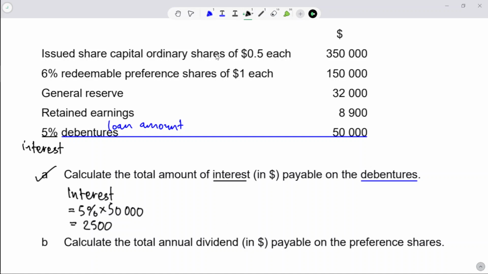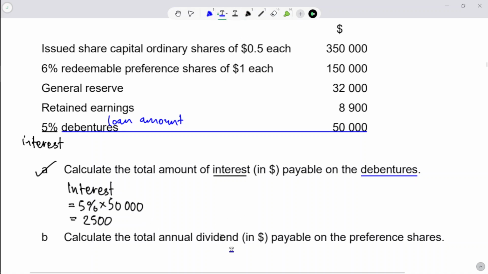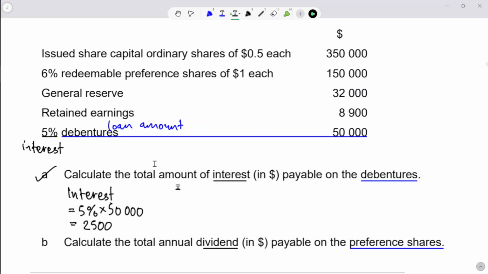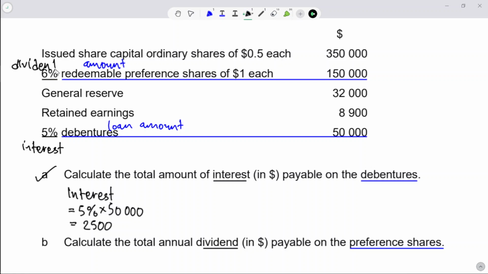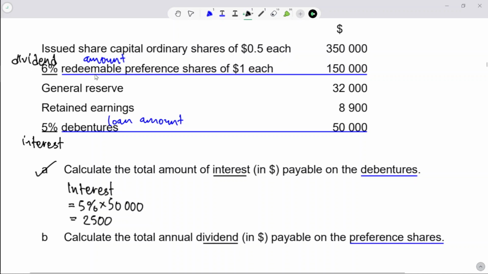Continue. It wants us to find the dividend on the preference shares. The entire 150K is the amount, and this 6% is the dividend rate.